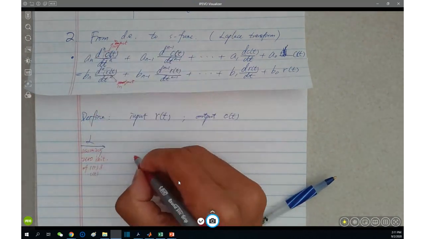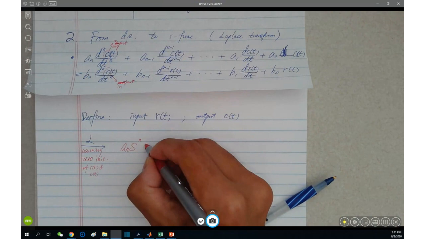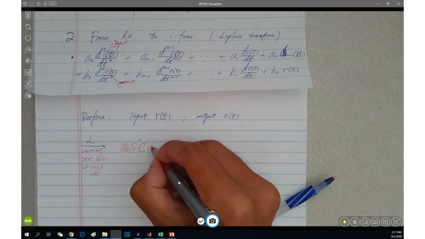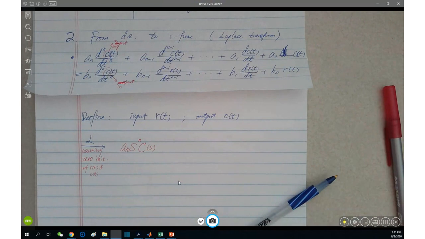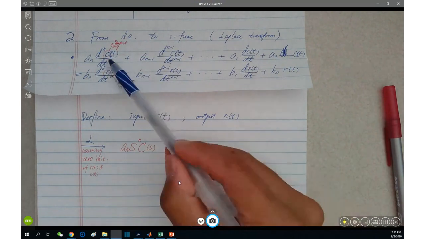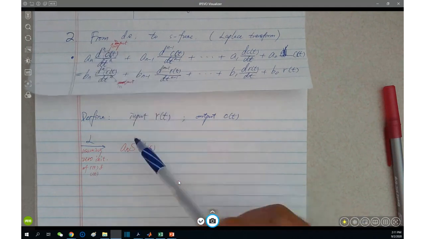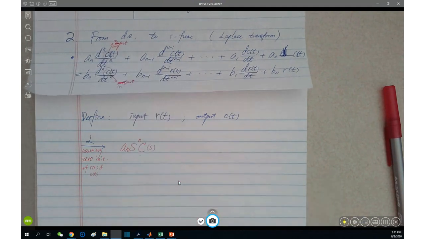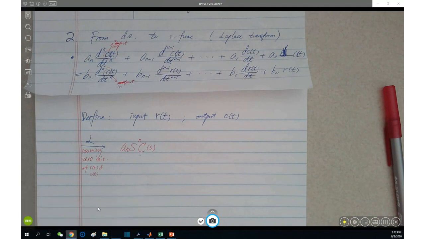How about a n times s to the n times capital C of s? Does it make sense? I'll give you about 20 seconds to think about this.